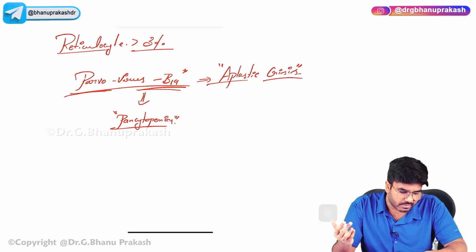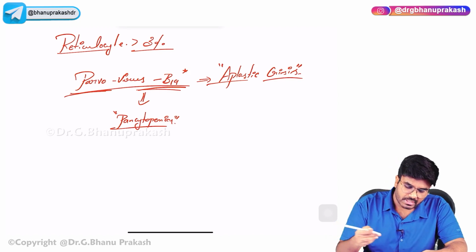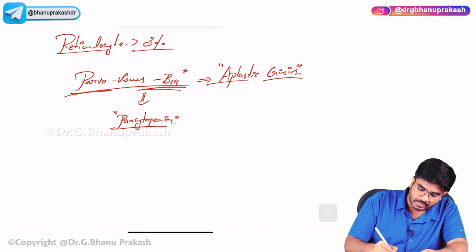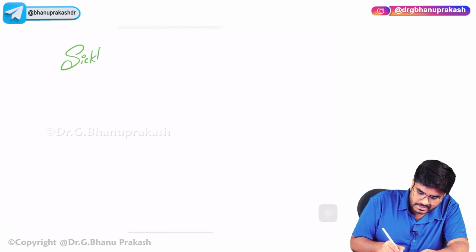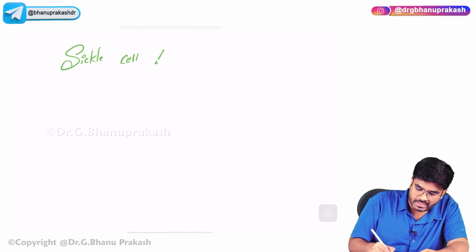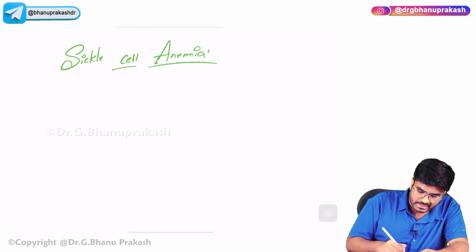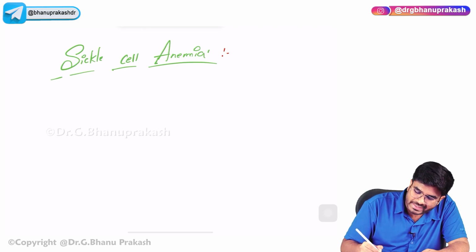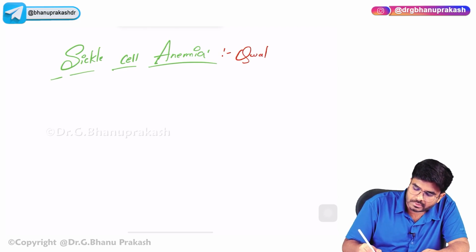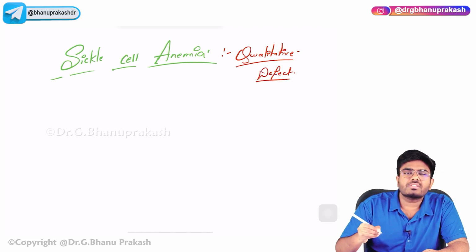After hereditary spherocytosis, the next topic is sickle cell anemia. So what is sickle cell anemia? What you should know for your exam. Sickle cell anemia is a qualitative defect.